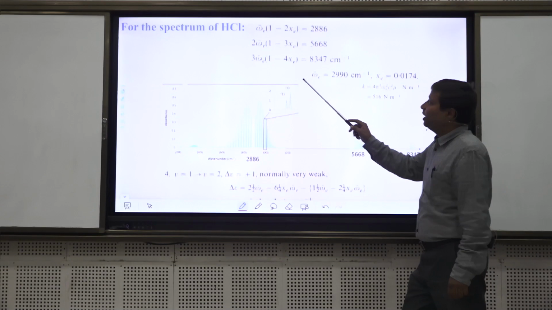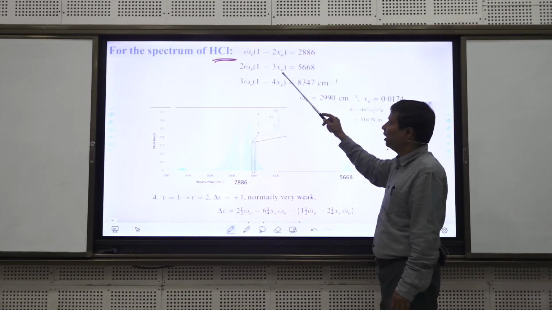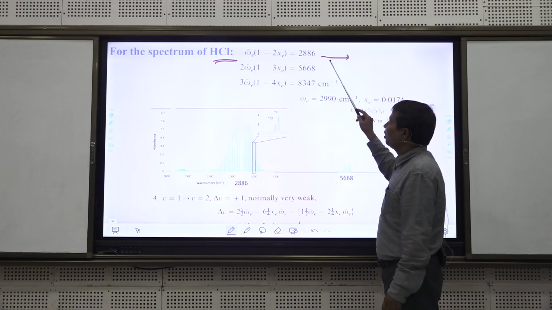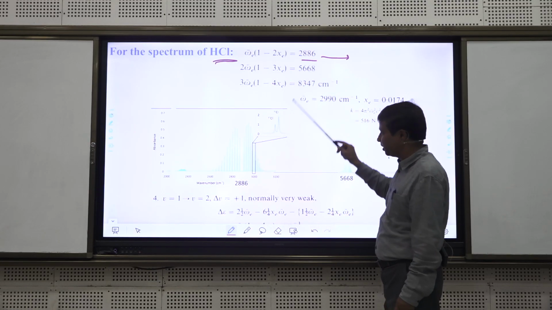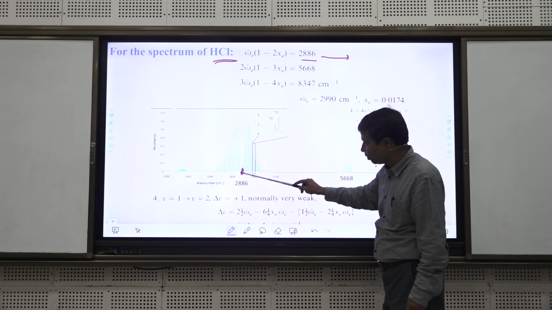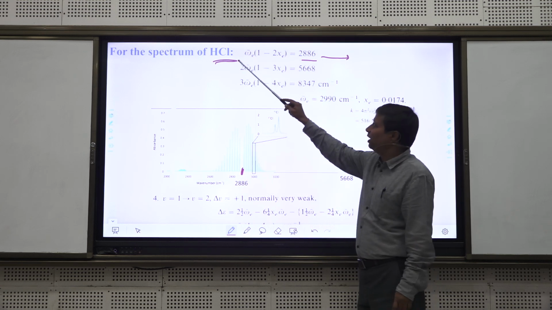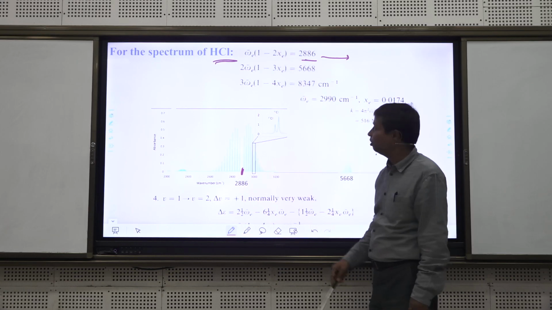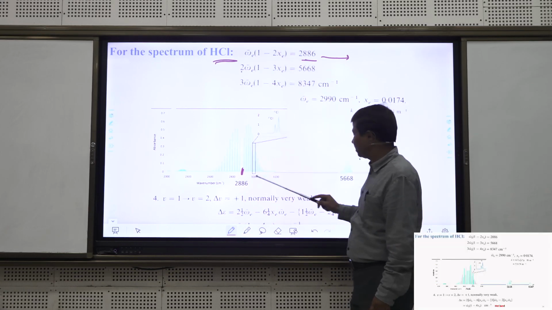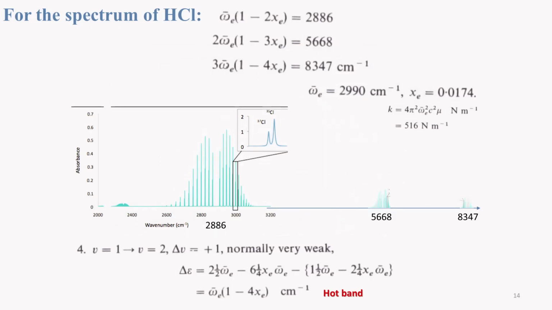Say for HCl, with that data we can calculate: the first, strongest band comes at 2886. The expression was omega E 1 minus 2xc, so 2886 is equal to that. The second band comes at 5668.